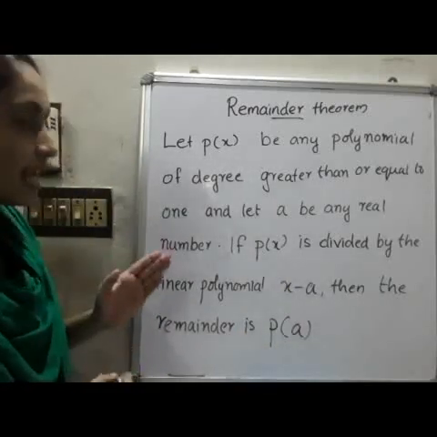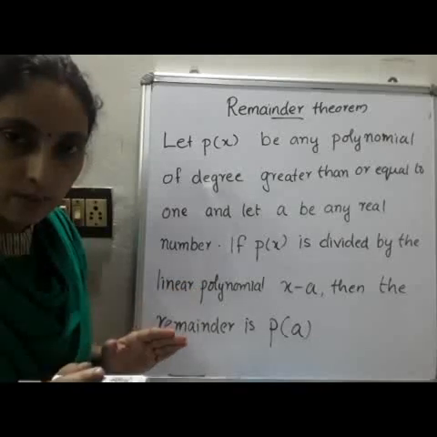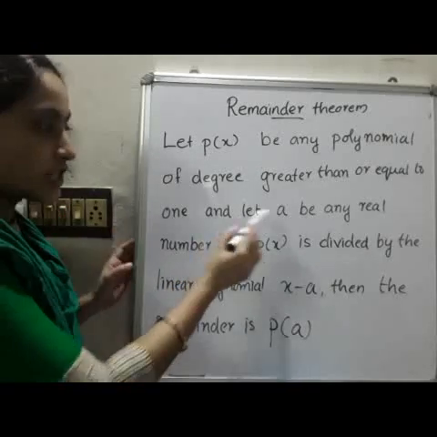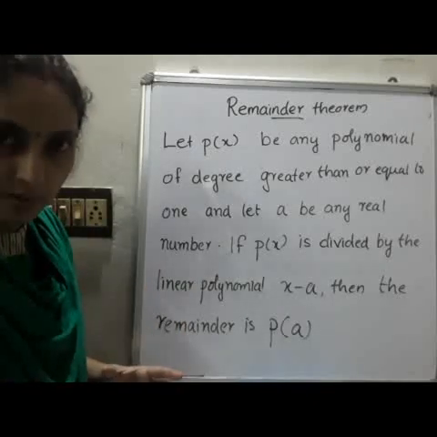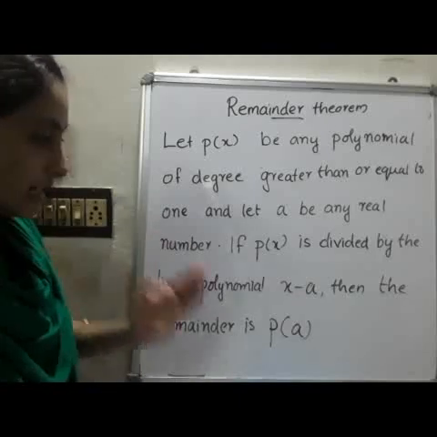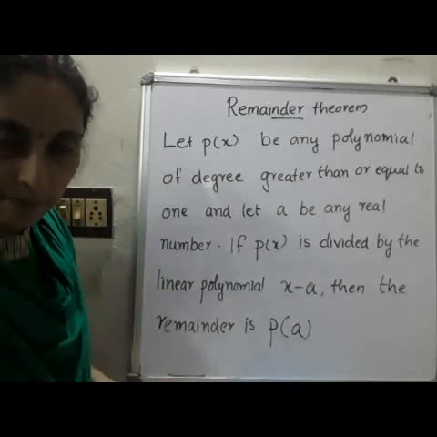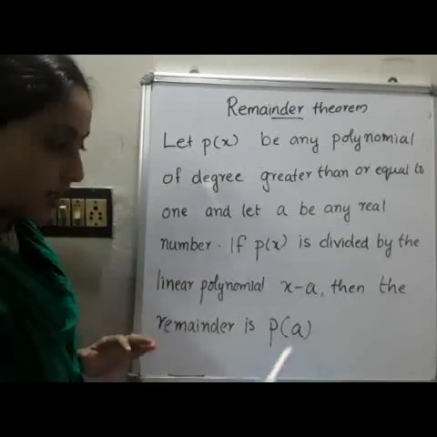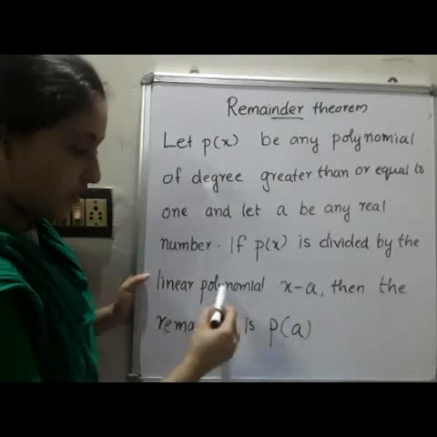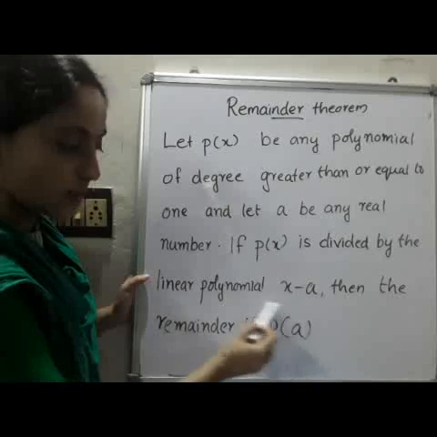Once again, let P of x be a polynomial of degree greater than or equal to 1, and let a be any real number. Then if P of x is divided by a linear polynomial x minus a, the remainder is P of a. These two conditions we need. Divide by x minus a, the remainder becomes P of a.